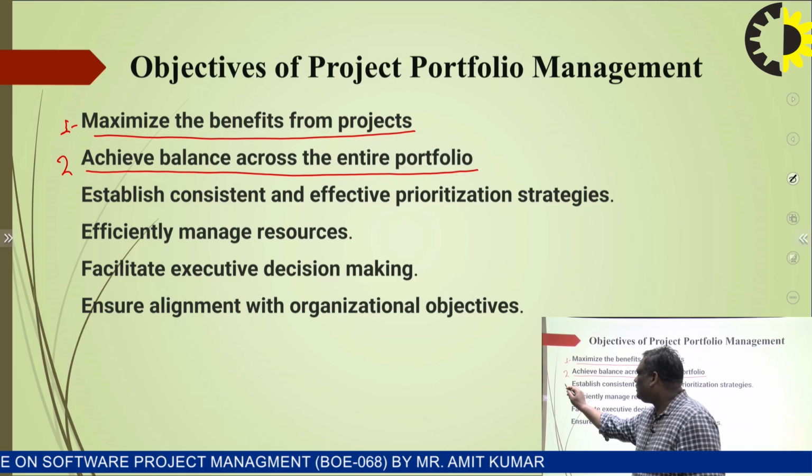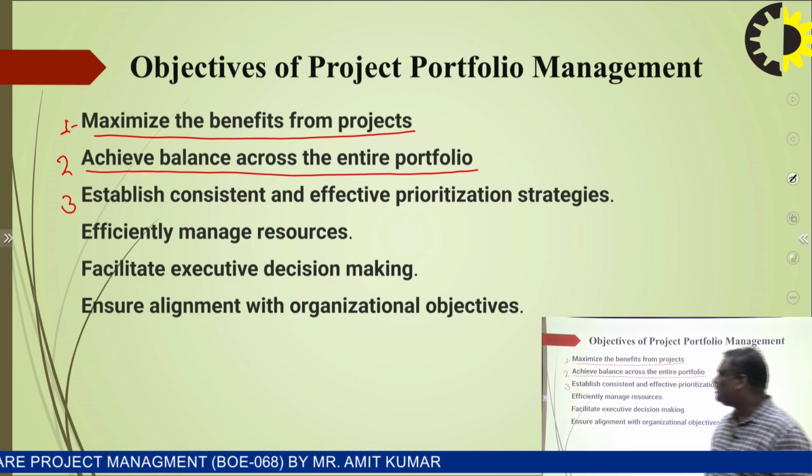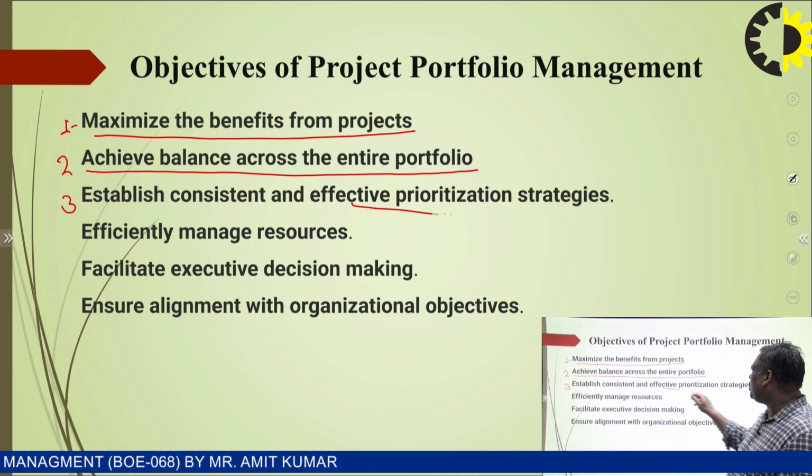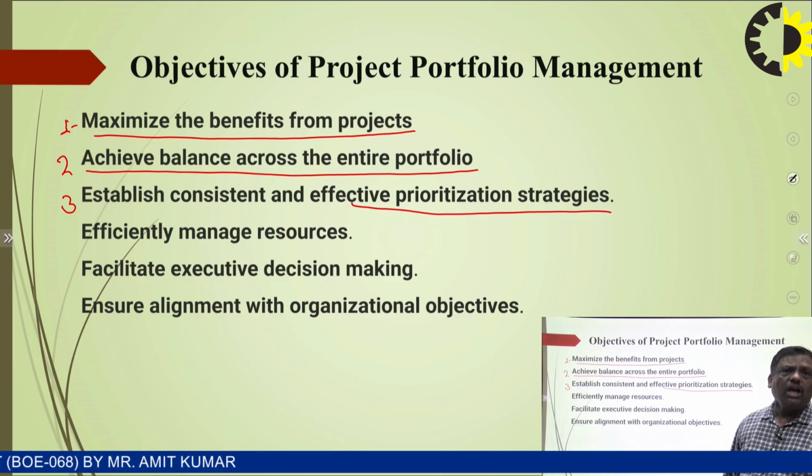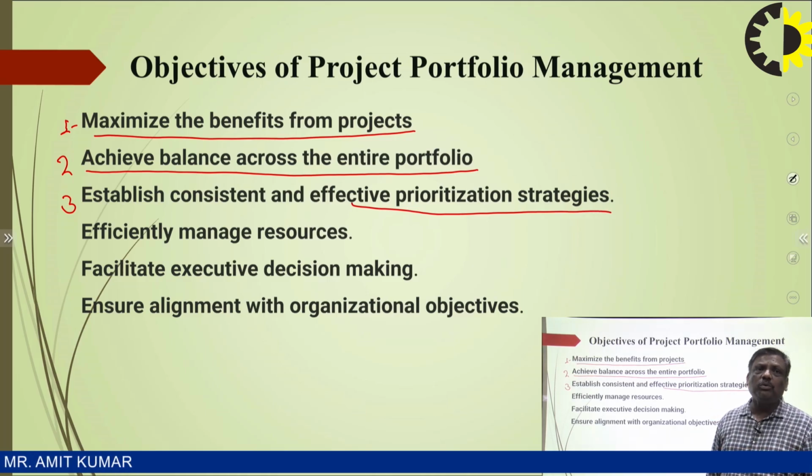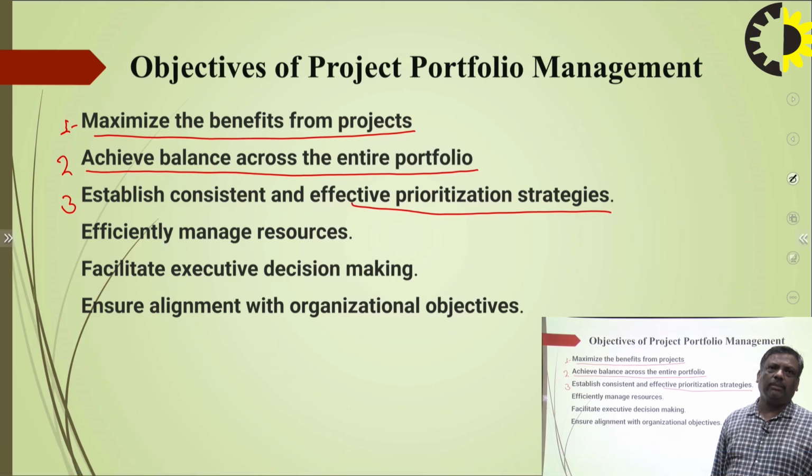The third one is to establish consistent and effective prioritization and strategies. According to the priority of the project, we plan accordingly: the requirement of staff members, skilled labor, scheduling, budget, each and everything is consistently and effectively prioritized.